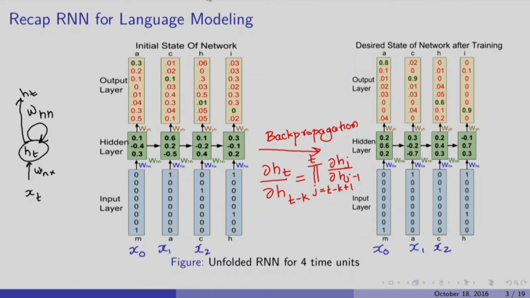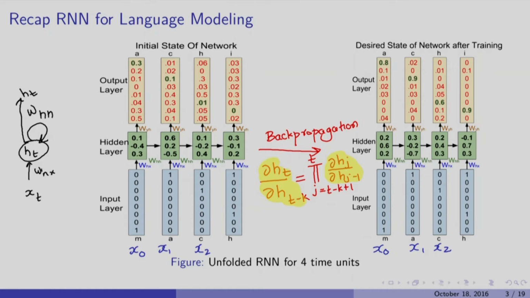This is primarily because we will never know the partial derivative of the hidden state at time t with respect to that at time t minus 1 directly. We will only know this or realize this through all the hidden states that are intermediate between t minus k and t. This multiplication is a problem, especially if these derivatives turn out to be less than 1.